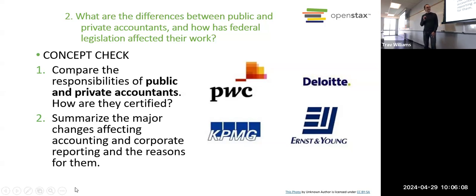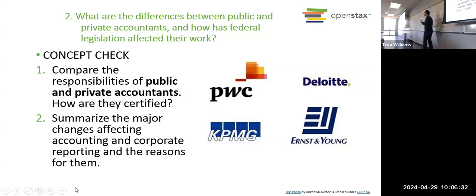Some people, once they get their degree in accounting, go to work for one of these 4 big accounting firms. They're called the Big Four. So Deloitte is one of them, Ernst & Young, KPMG, and then PwC, often referred to by their full name, PricewaterhouseCoopers.